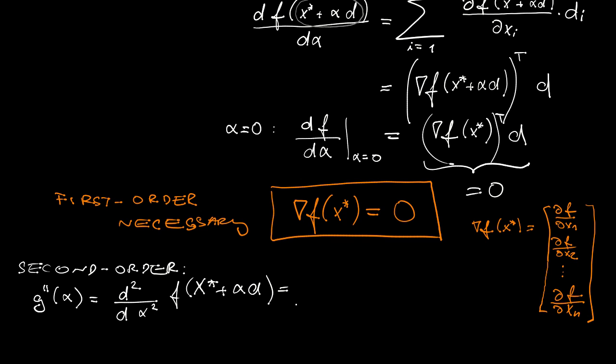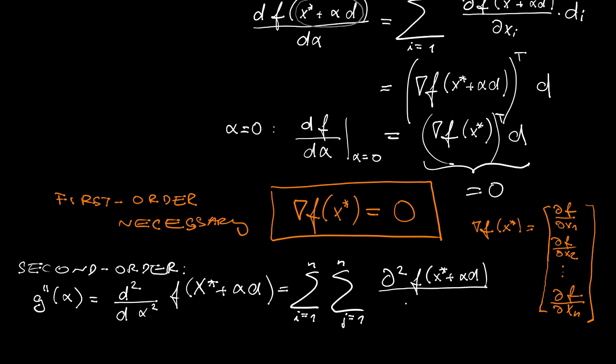So this can be written as the first derivative of the first derivative. That means we will get this double sum of second partial derivative of f with respect to these mixed terms xi and xj times di dj.